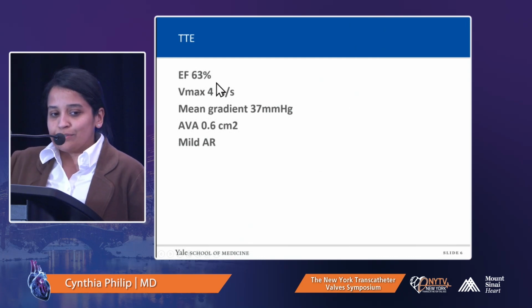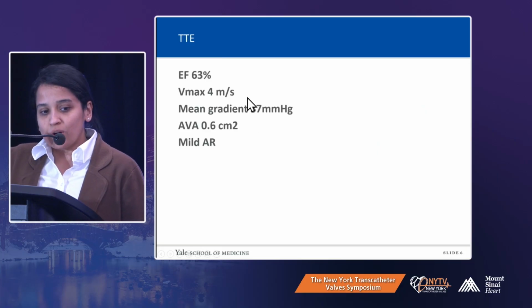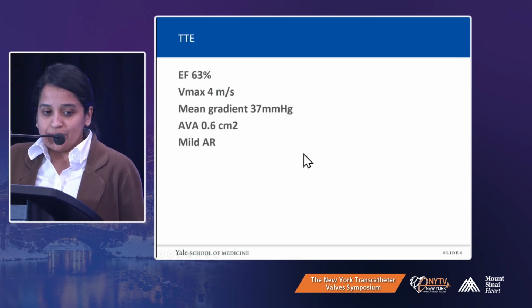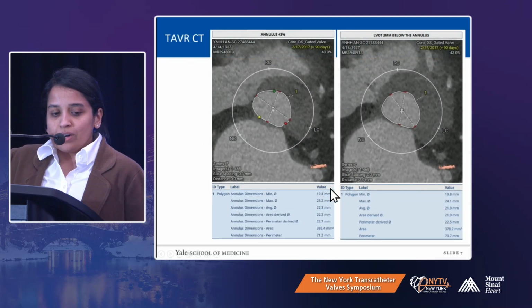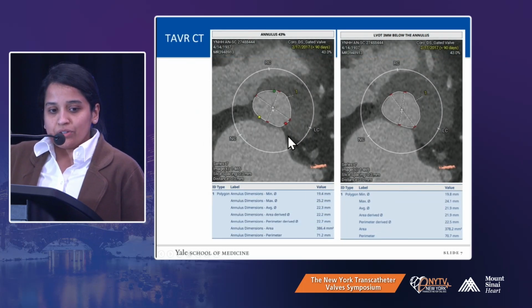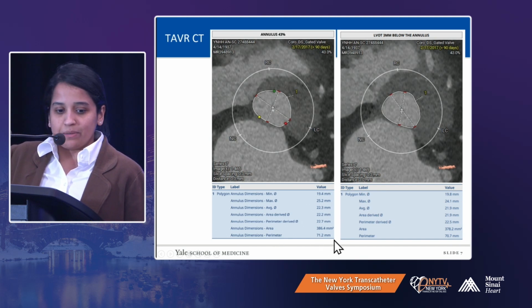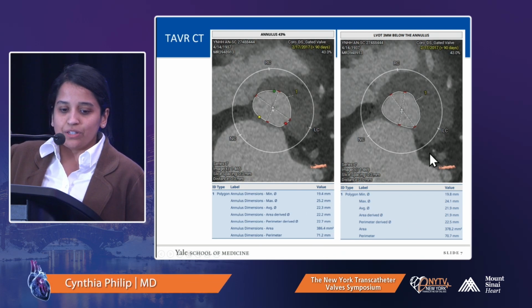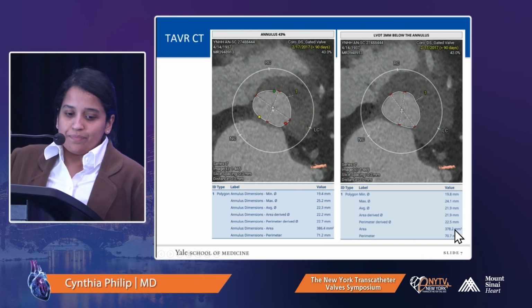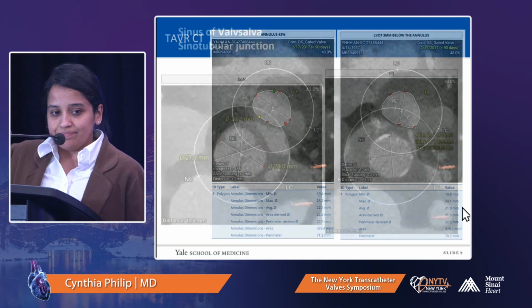On echo, her EF was preserved, her Vmax was 4 meters per second, mean gradient was 37, and her valve area was 0.6 with mild AI. So TAVR CT, the annulus area was 386 millimeters squared, her perimeter was 71, and then the LVOT area was 378.